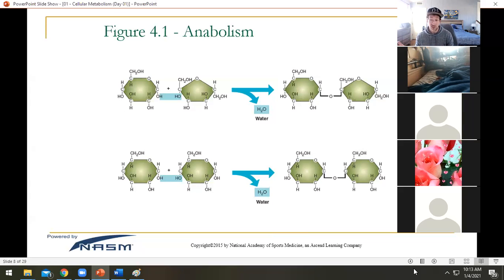It's pretty easy to see the stored fat, it's all over your body, probably on the love handles down here, right? We've all got a little bit of stored fat on our body. That's great. If my body's like, hey, I need to produce some energy, I'm going to take some of that fat, break it down, and release some energy, right? Well, your body also does that with carbohydrates.